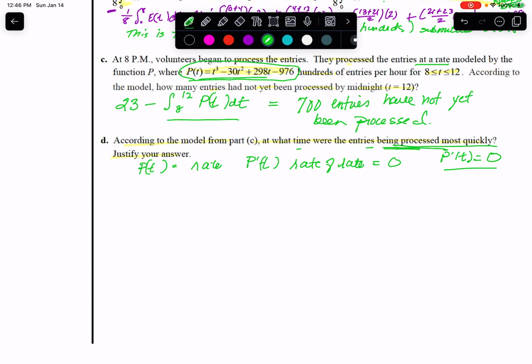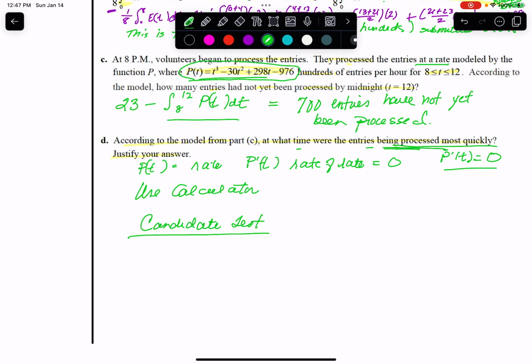All right, so if you use your calculator to get the points where it equals 0, your critical points, we're going to do a candidate test because it could happen on the endpoints too. So we have P of 8, and then we have P of 9.183503.